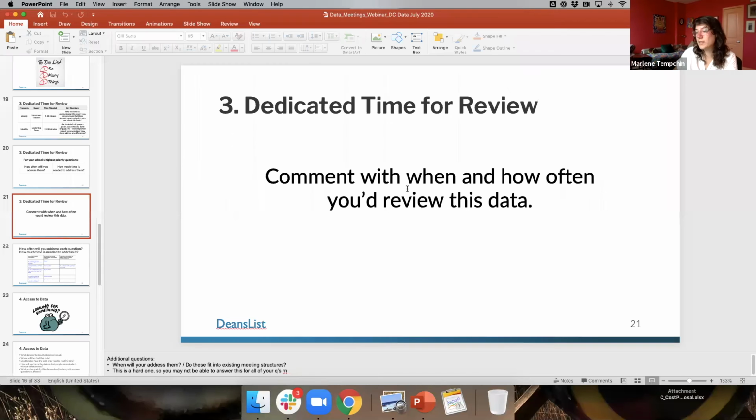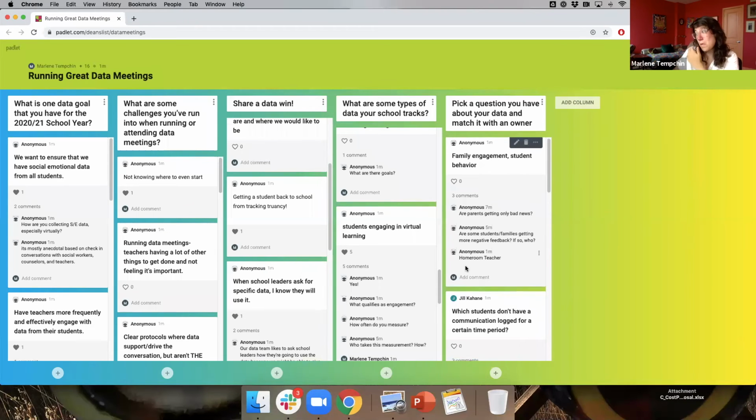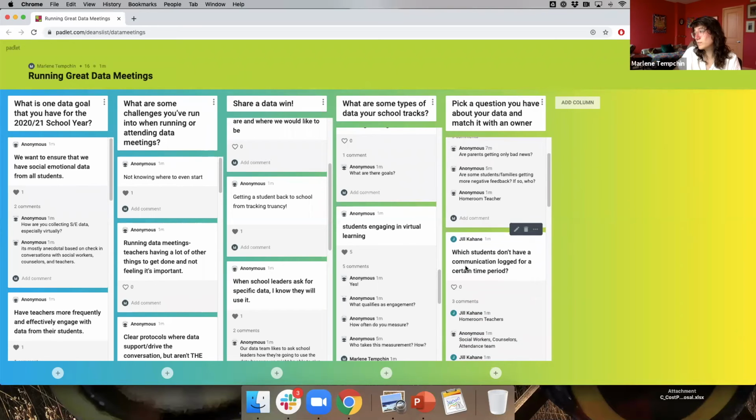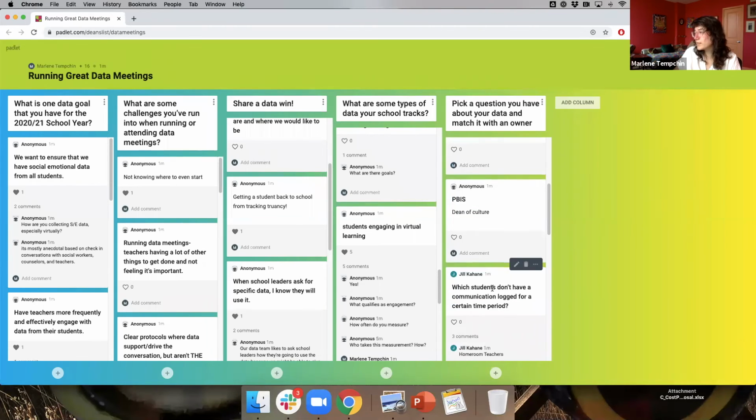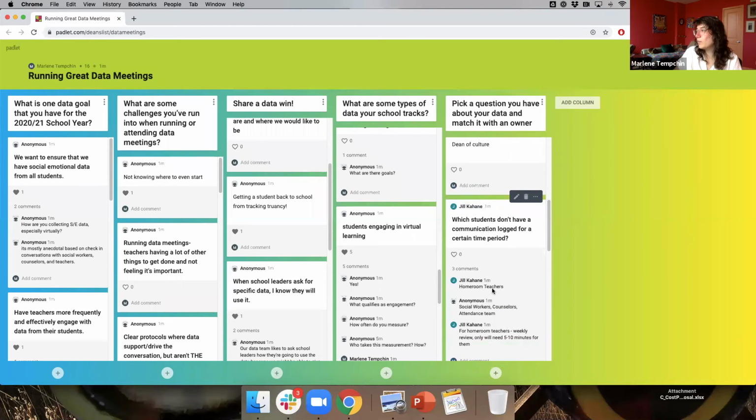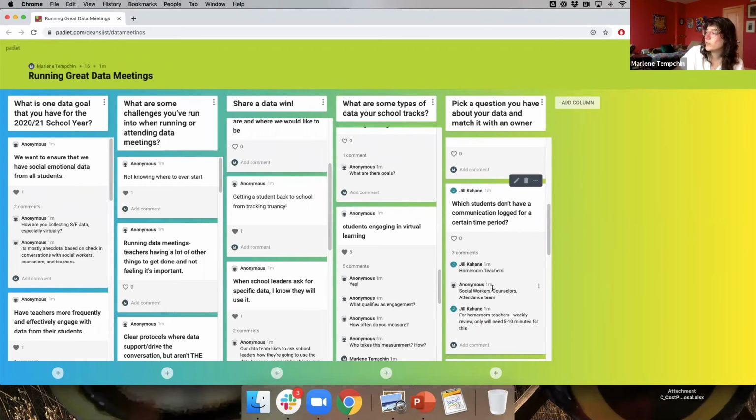So we'll jump back to the Padlet now. There we go. And Jill has given us an example here. So for which students don't have a communication log, for certain teachers, homeroom teachers, 5 to 10 minutes for review.